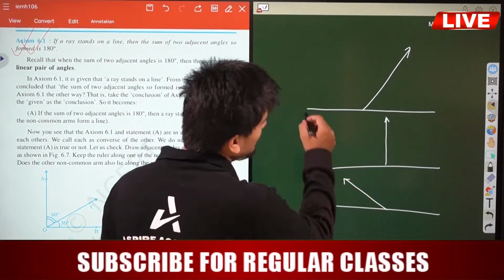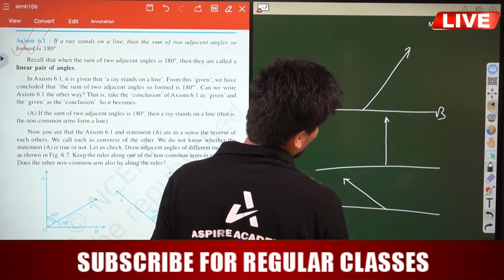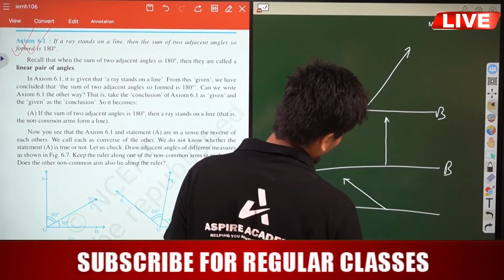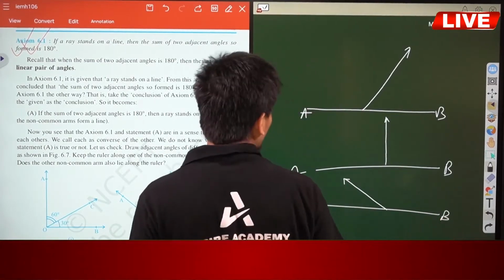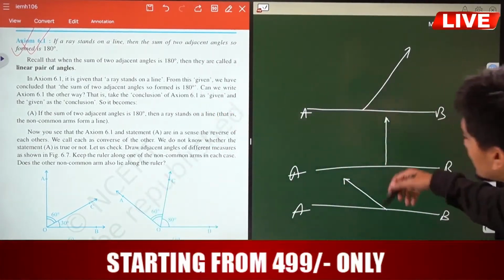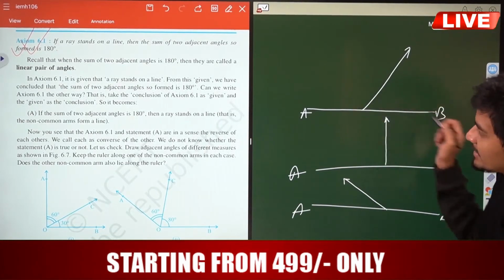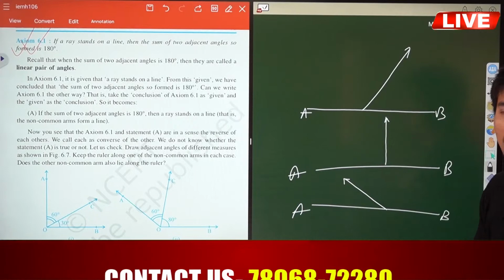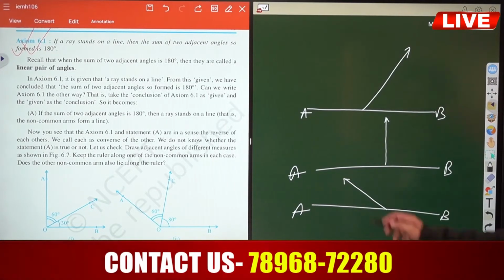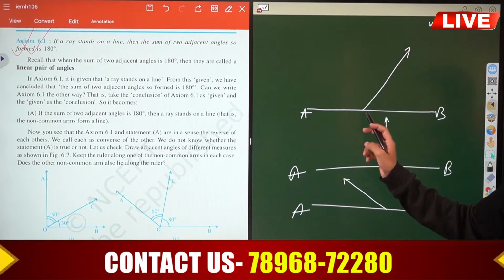If this is a straight line AB, there can be any kind of ray which stands on this line.